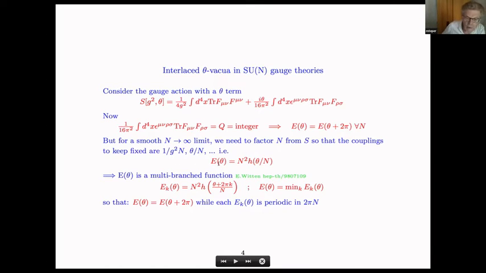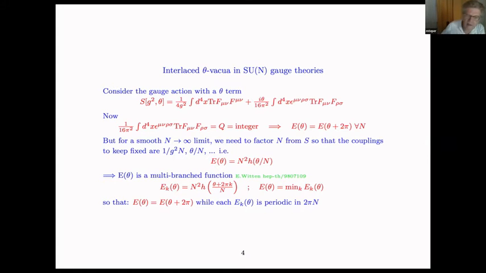So how do you deal with that? Witten suggested a way to deal with that apparent inconsistency, that on the one hand you should have periodicity in 2 pi, and on the other hand it should be in 2 pi n, because that's what this would imply, that the periodicity is actually in 2 pi n, not necessarily in 2 pi. How do you deal with that?